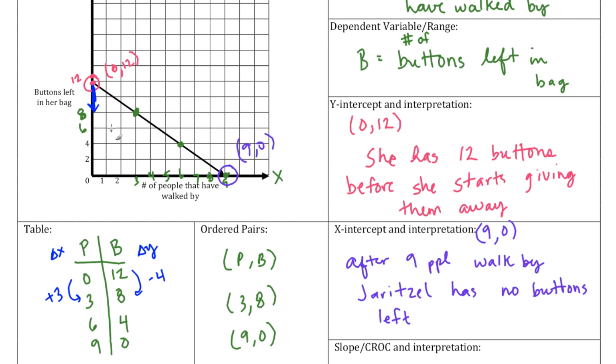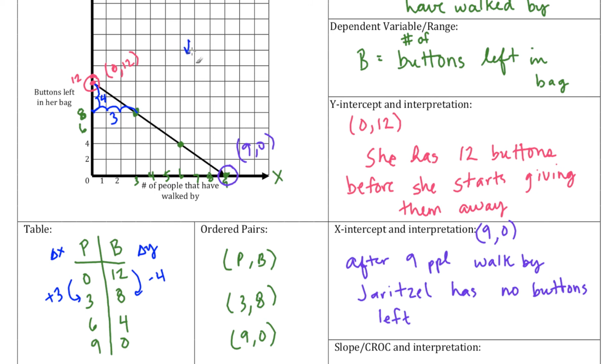Down 4, right 3 spaces by 1, yeah, 3. So you can also do it like that.